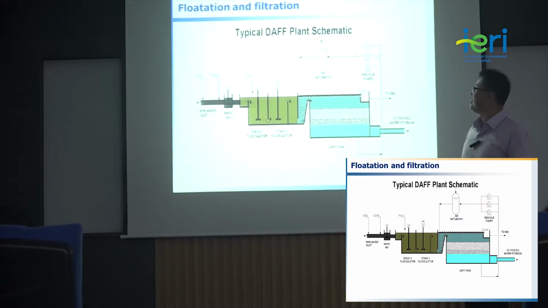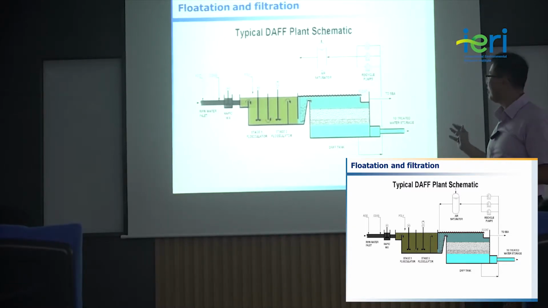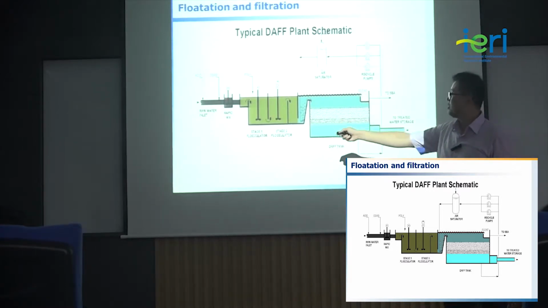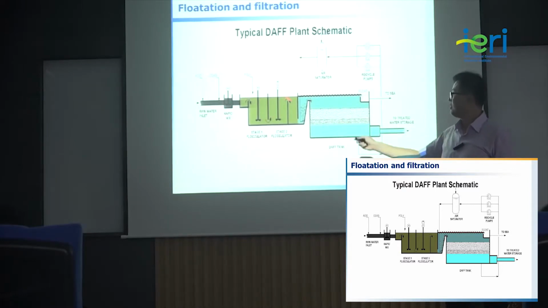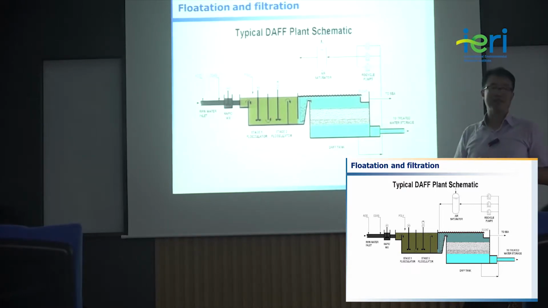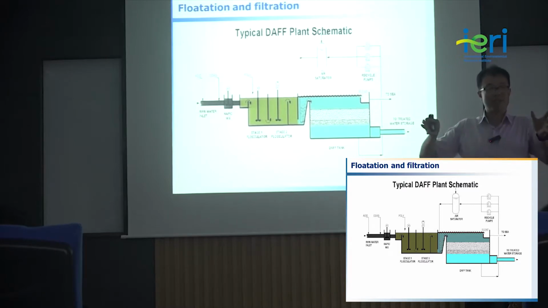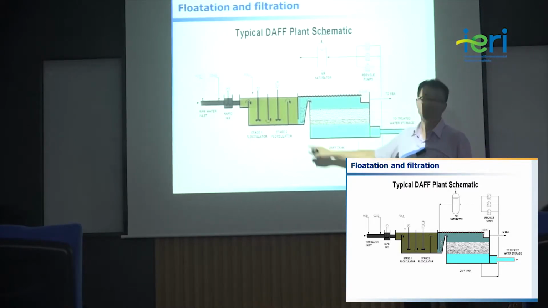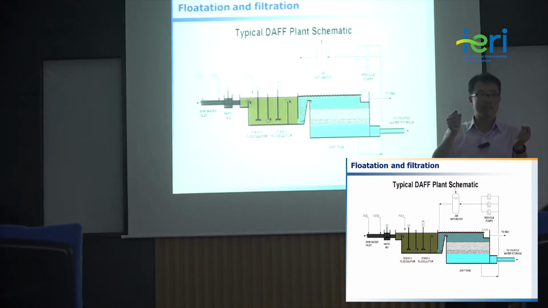So this is another pre-treatment system other than the media filter. So raw water mix. In this step you put some coagulant. Then flocculator. In this step you can make the particle bigger, flocs. Then you put some micro bubbles, which are attached to the flocs.